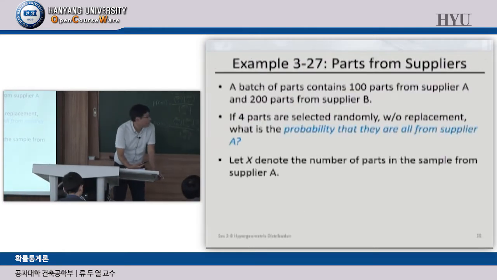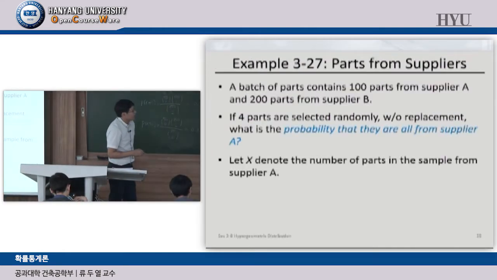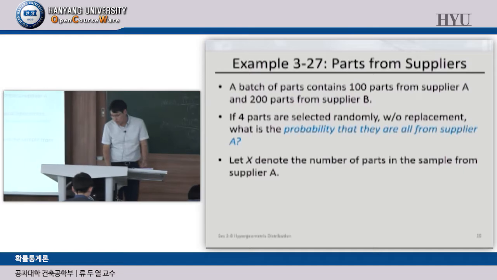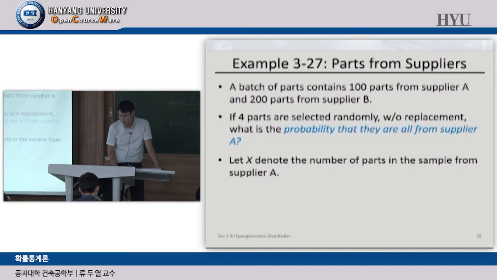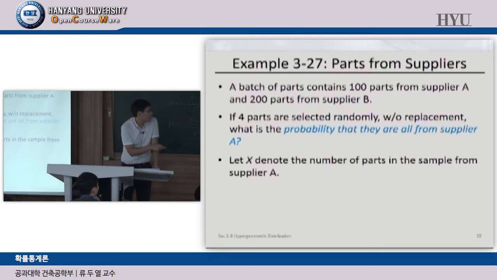And this is another example, example 3-27. A batch of parts contains 100 parts from supplier A and 200 parts from supplier B. If 4 parts are selected randomly without replacement, what is the probability that they are all from supplier A?